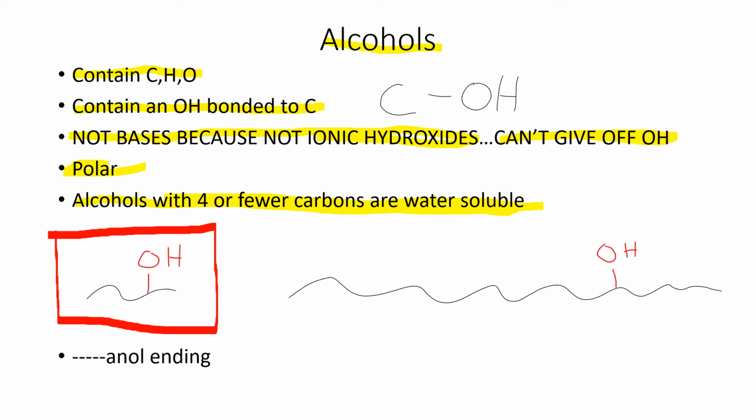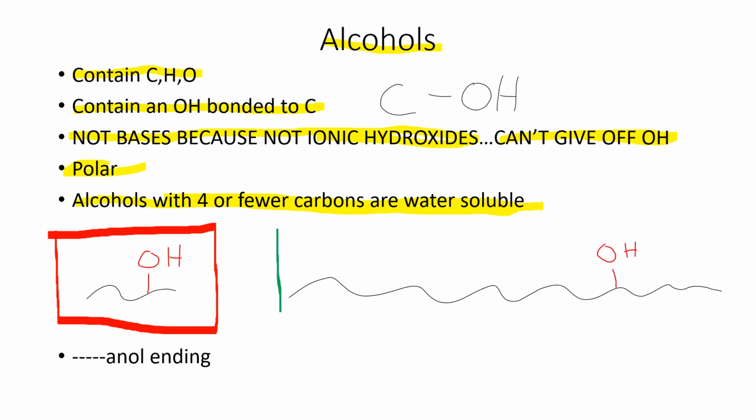The only polar part of the molecule is the OH. That's what makes alcohols polar. The rest of the molecule, all of those carbons, are not polar. So here, that OH, because it's a small molecule without too many carbons, is able to make the entire molecule polar enough to be water soluble.